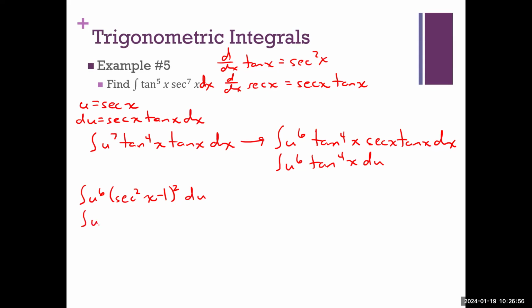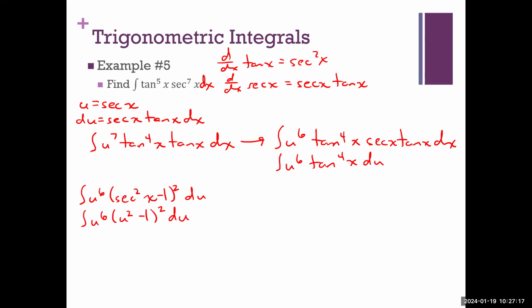Which, if we apply our substitution again, is u to the 6th times u squared minus 1 squared du. Right, are we okay with that? So I think this is now totally transformed. So the substitution part of this is done.